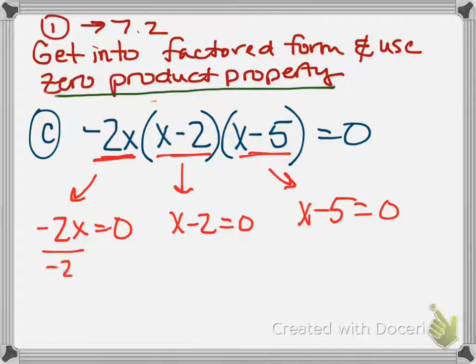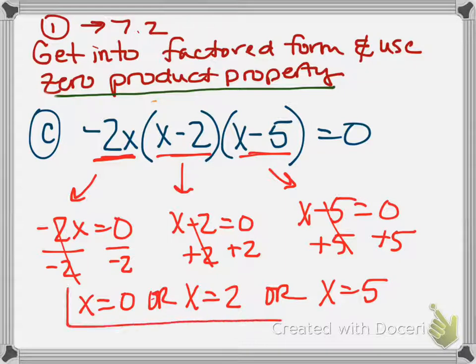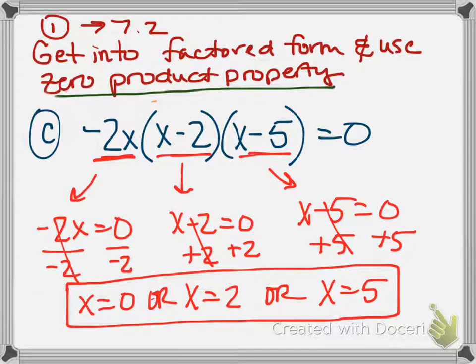I divide here by negative 2. Let's find out that x could equal 0. Here I add 2, so x could equal 2, and here I add 5, so x could equal 5. So this one has actually three answers. x could be any one of those three solutions, 0, 2, or 5.